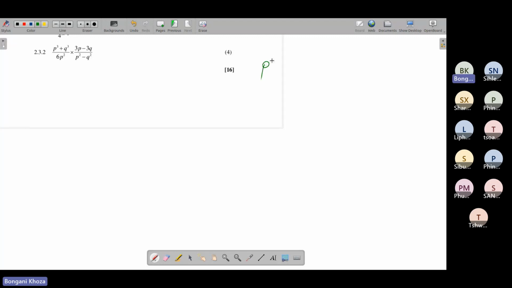So I have p exponent 3 plus q exponent 3 over p 6 times 3p minus 3q over p squared minus q squared. When you're simplifying fractions, what you need to remember is that you factorize the numerator of this one on its own, and you factorize the denominator here.